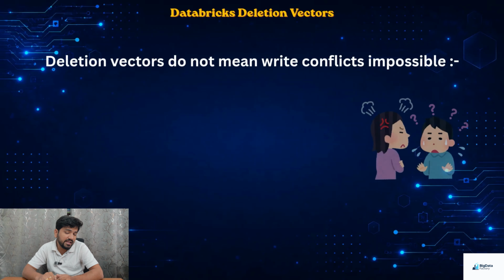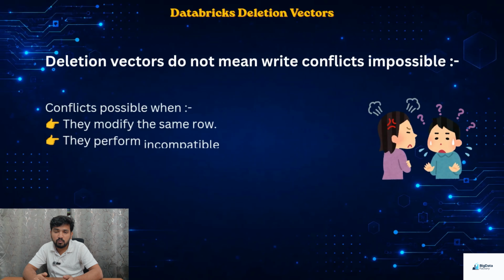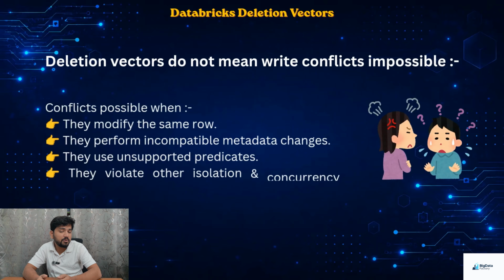For current supported configurations, deletion vectors are one of the requirements for row-level concurrency on unpartitioned tables. Exact runtime and table requirements should be checked before relying on this behavior. But deletion vectors do not mean write conflicts are impossible. Two operations can still conflict when they modify the same row, when they perform incompatible metadata changes, when they use unsupported predicates, or when they violate other isolation and concurrency rules.